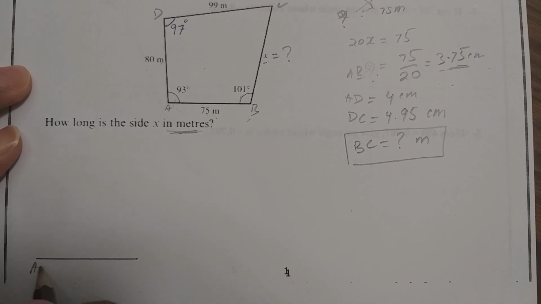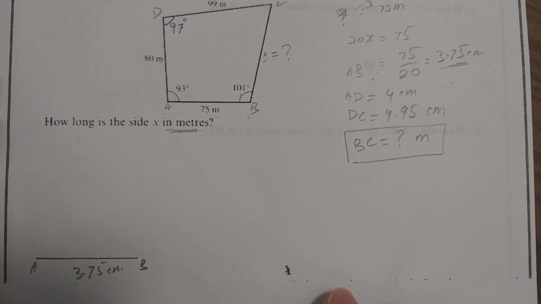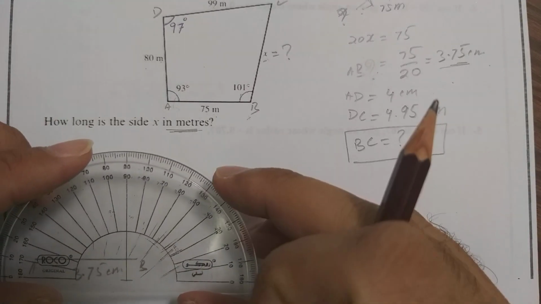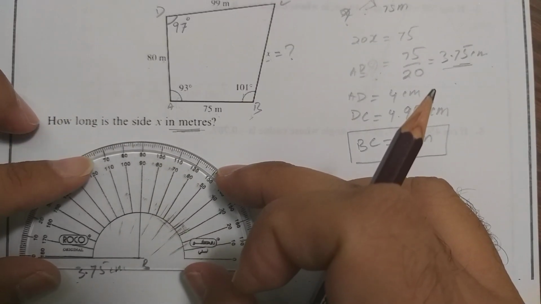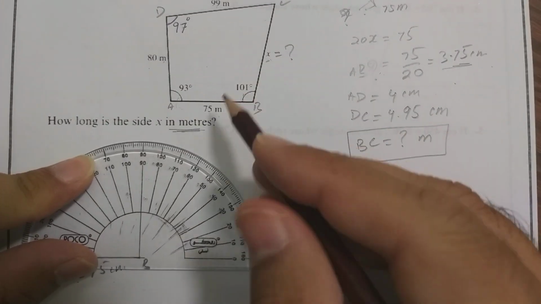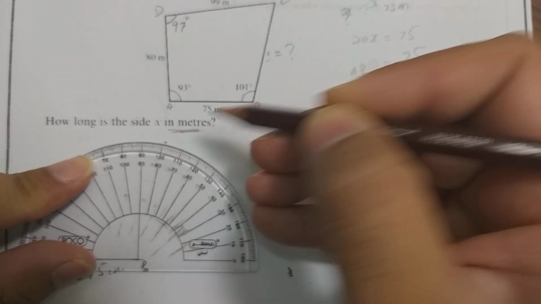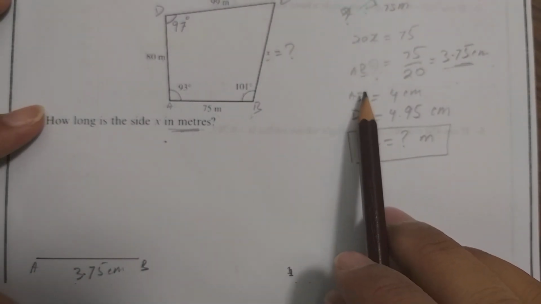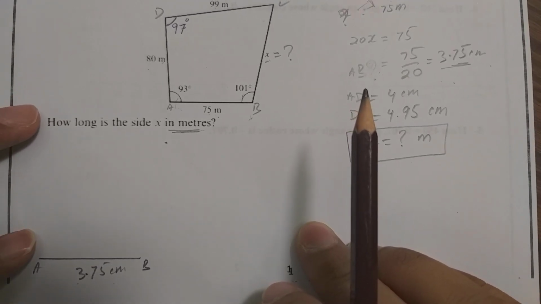This is AB, 3.75 centimeter. So first find the angle. The first angle given is 101. This is 100, this is 101, 1 unit above that. So how long from B to C, we need to find out.